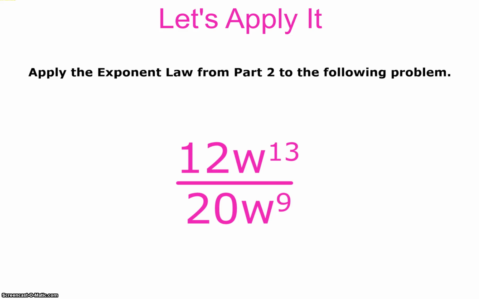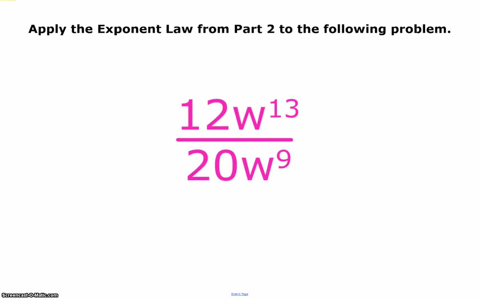Apply the exponent law from part 2 to the following problem. Well, 12 divided by 20 doesn't work, but we can simplify that fraction. A 4 can go into both, so we're going to divide by 4.